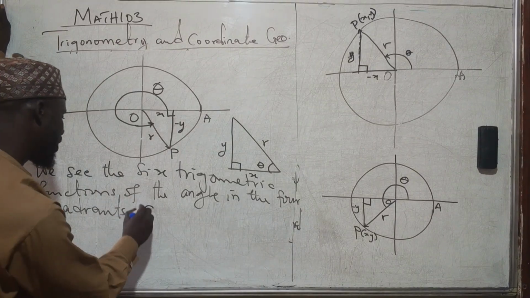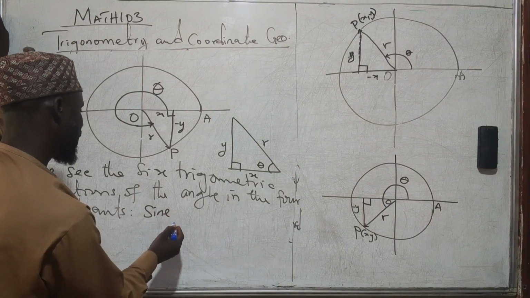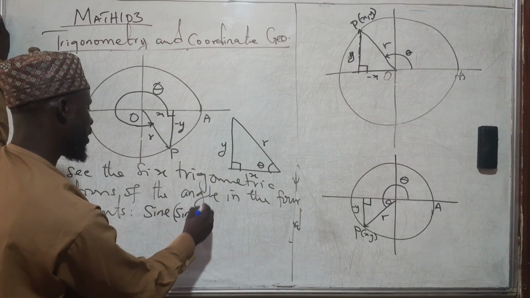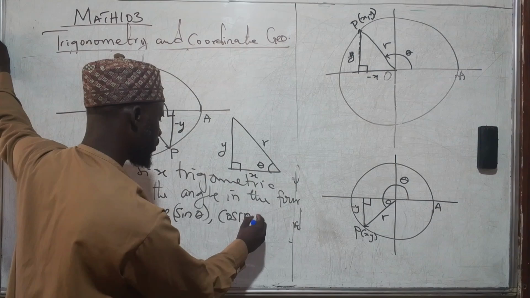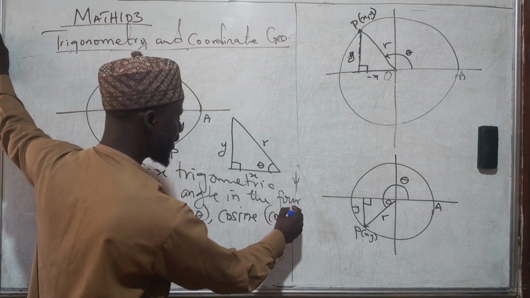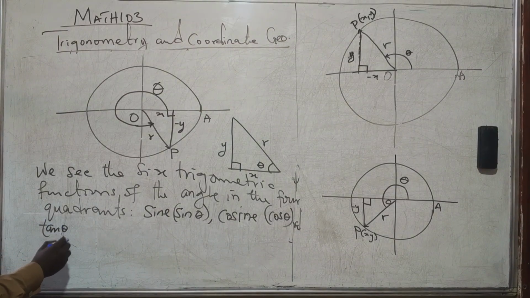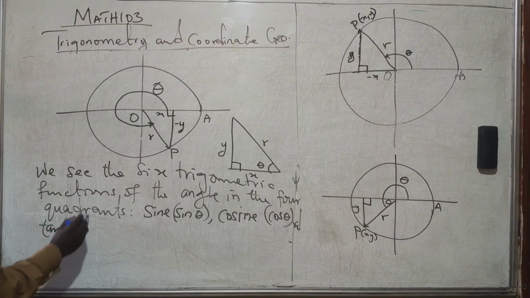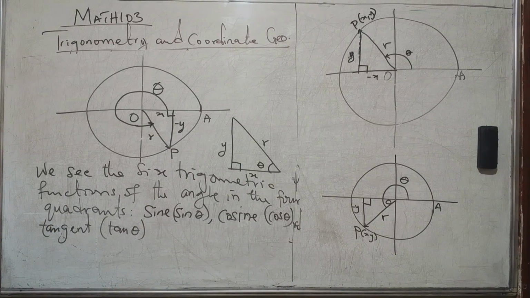What are the trigonometric functions? The sine of theta, which we normally shorten as sin theta. And then the cosine of theta, which we normally shorten as cos theta. And then the tangent of theta, which we normally shorten as tan theta.